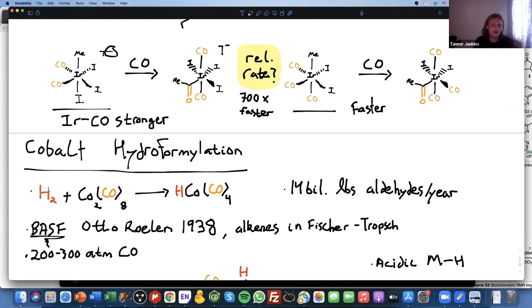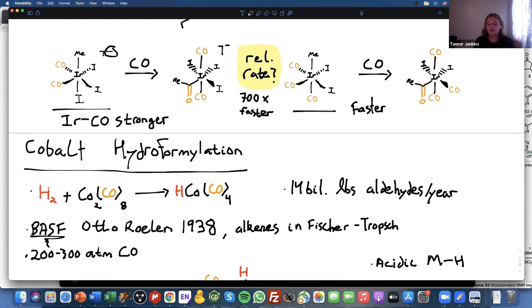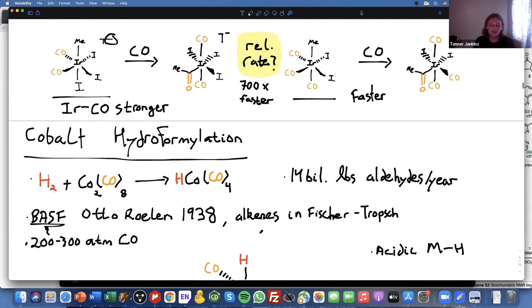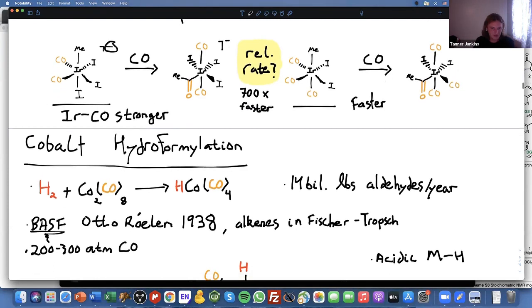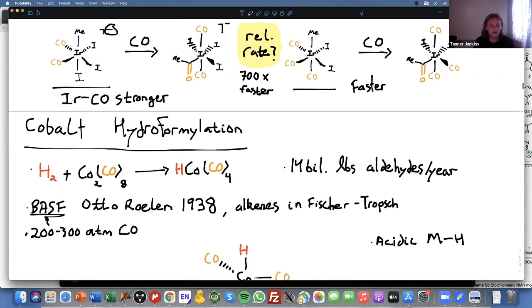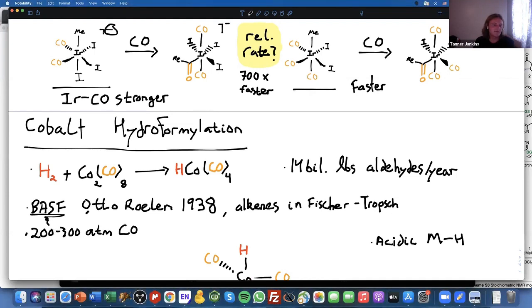And so he was doing this and found, actually after some metal leaching from the heterogeneous cobalt leaching into solution, that he was getting out some aldehydes. And so this was quite puzzling, however, was potentially useful. So they later discovered that this process could be run with the homogeneous catalyst cobalt carbonyl under extremely high temperature and pressure.